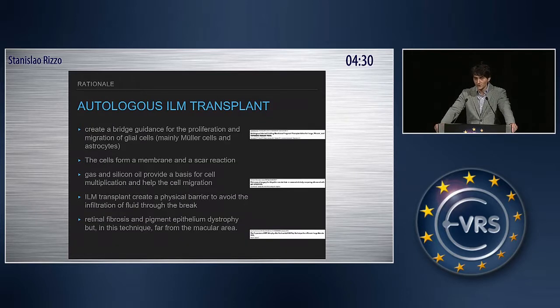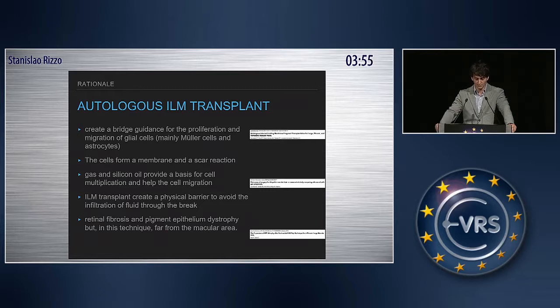Why use the autologous transplantation of ILM? Because it creates a bridge for the proliferation and migration of the glial cells. It has been explained that the use of silicone oil or gas tamponade can have an adjuvant effect on the migration and proliferation of the glial cells. The plug can form a scar reaction, and the scar reaction can be a physical barrier to the passage of fluid through the break to the posterior part of the retina.